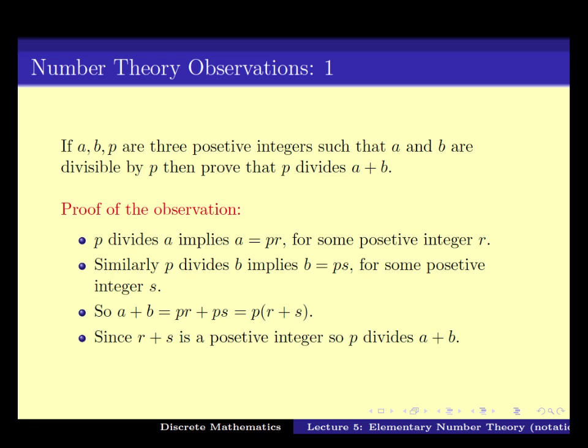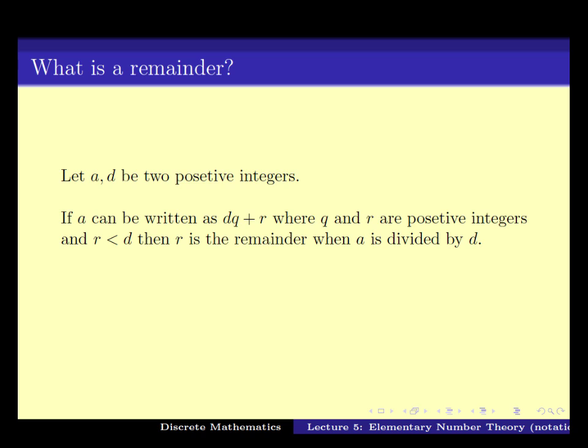Now let's move on to the next thing. This is again something that we must have seen in our elementary school or middle school. That is the notion of remainder. So if a and d are two positive integers, then a can be written as d times q plus r, where q is a positive integer, and d is also a positive integer, but r is strictly less than d.